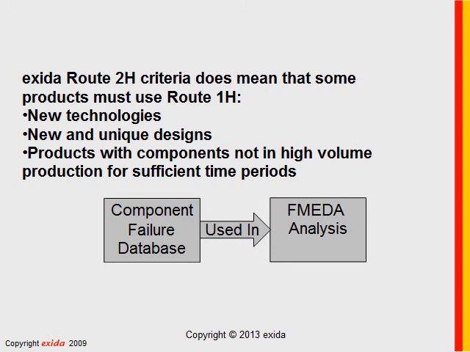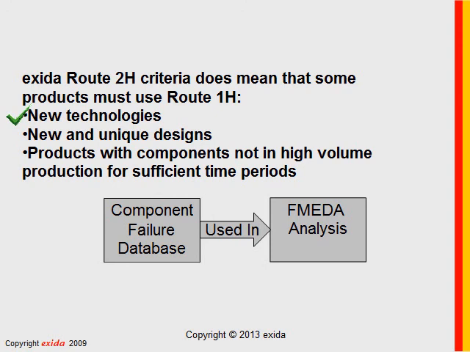They have to ask, well, does that mean Route 2H applies to everything? And the answer is no, it cannot. And I don't see how it could ever apply to new technologies. Why? We don't have 1 billion unit operating hours, or in some cases even 1 million.